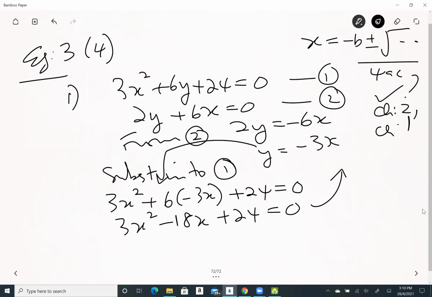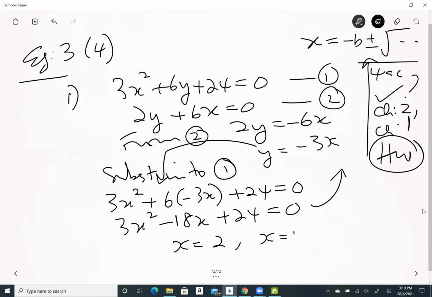So what you will get, forming this thing here, this one is homework. Find the value of x, find the roots of the function. So we know x equal to 2, and then x equal to 4. So show it by getting that, or if you remember the shortcut formula, but not using the calculator.